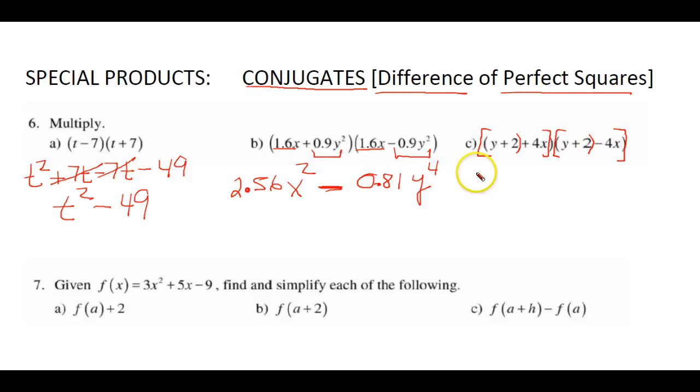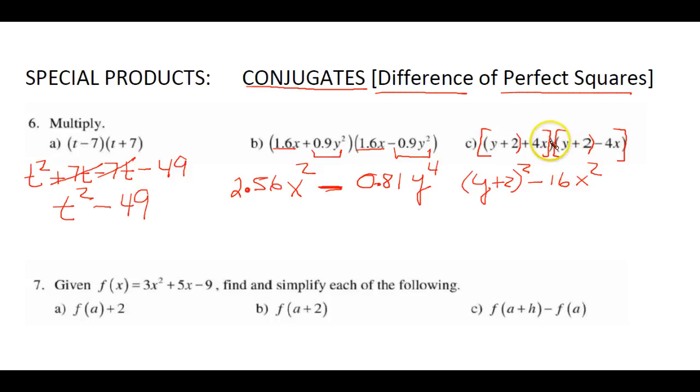So it would be then y plus 2, the quantity squared, minus 16 x squared. Now that's not the answer yet, but it's a way of looking at that.